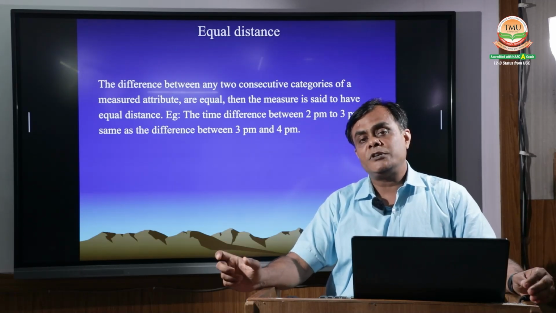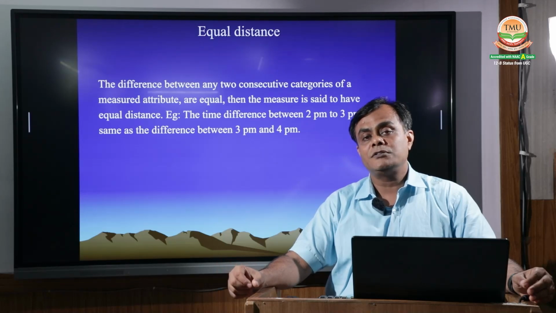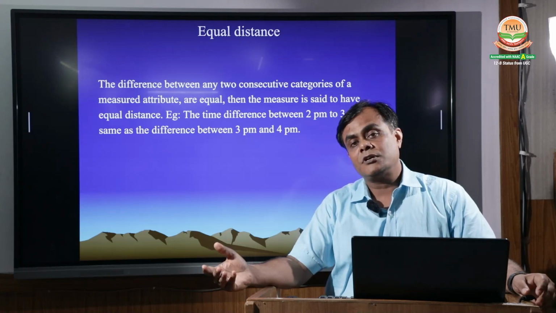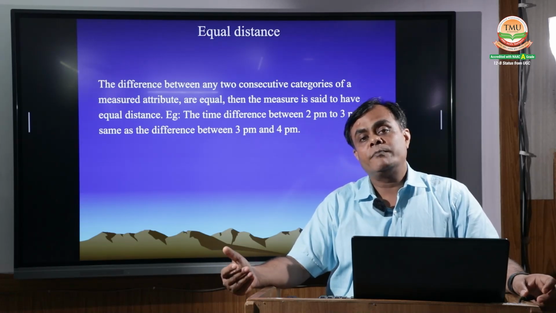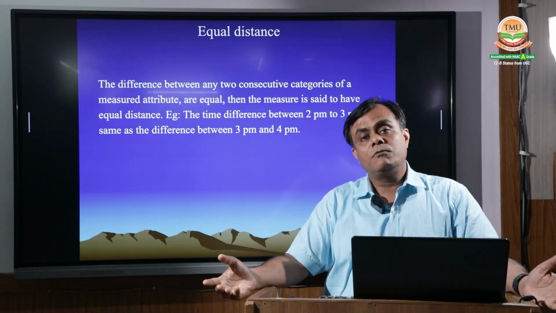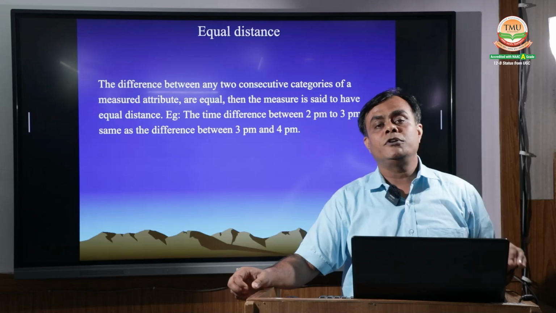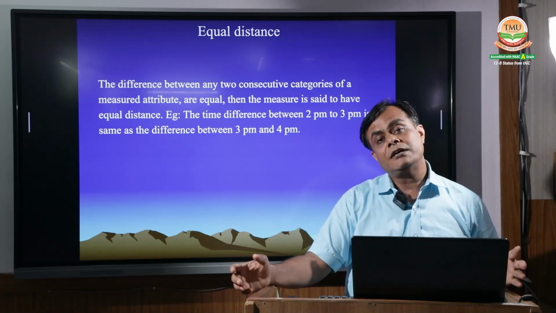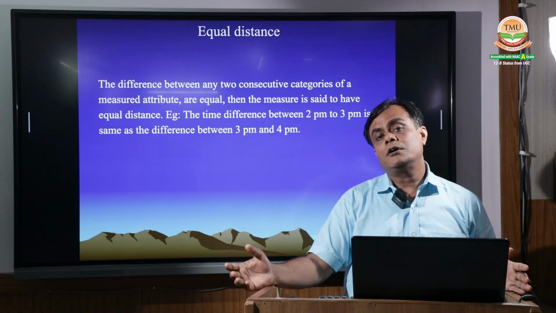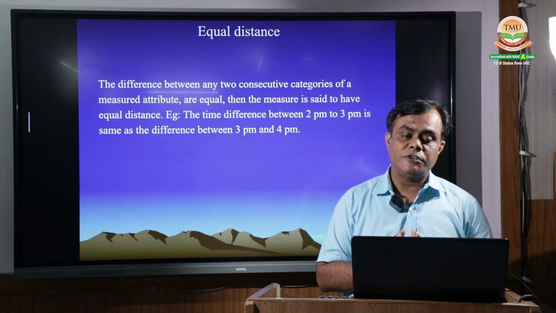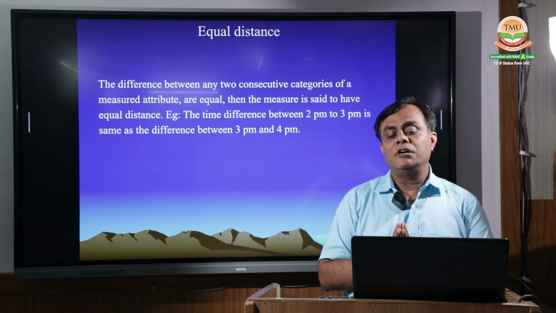Similarly, the distance between 11 kilometers and 12 kilometers is 1000 meters, and that is consistent: the distance between 13 and 14 kilometers is also 1000 meters. If you measure the distance between 20 and 21 kilometers, again it is 1000 meters, because 1 kilometer is 1000 meters. That is called equal distance.